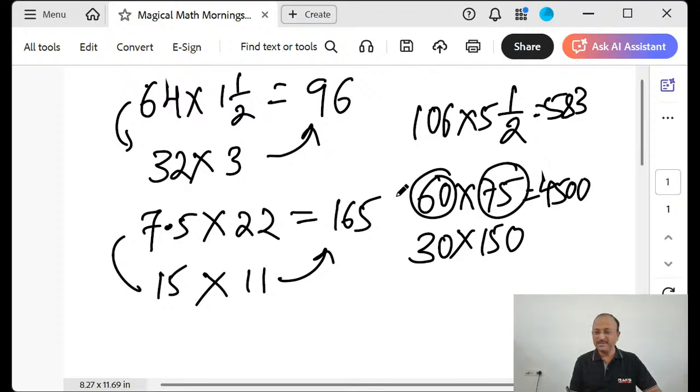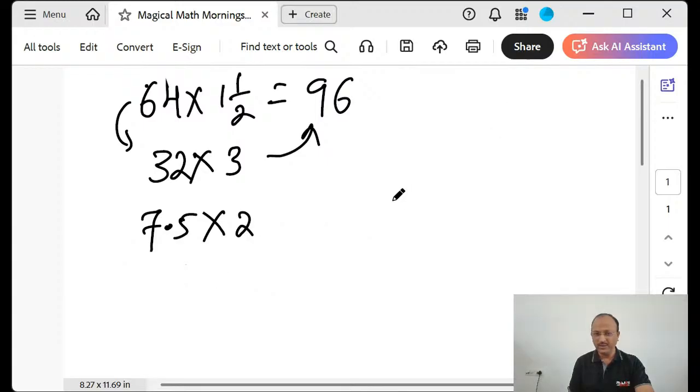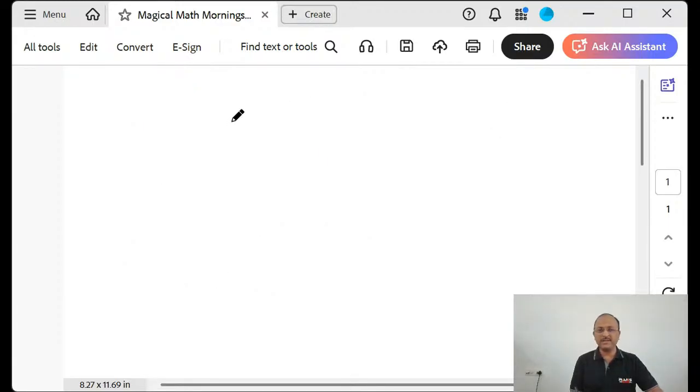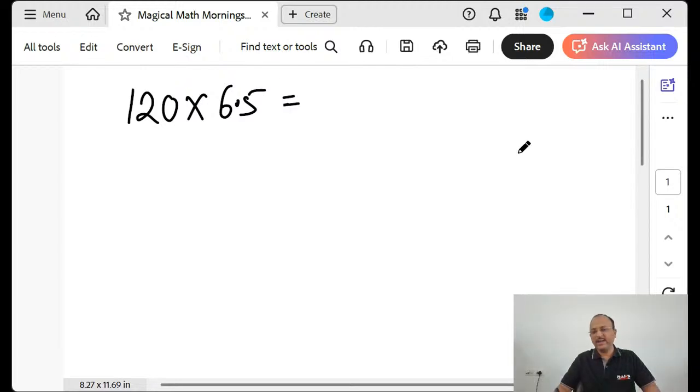Shall I try some numbers? Okay, let me give you some. Be ready with your chat option, and you should put the answer in the chat box. Let's take 120 into 6.5. Try this. For that, mastering of tables up to 100 is very, very important and very, very useful.